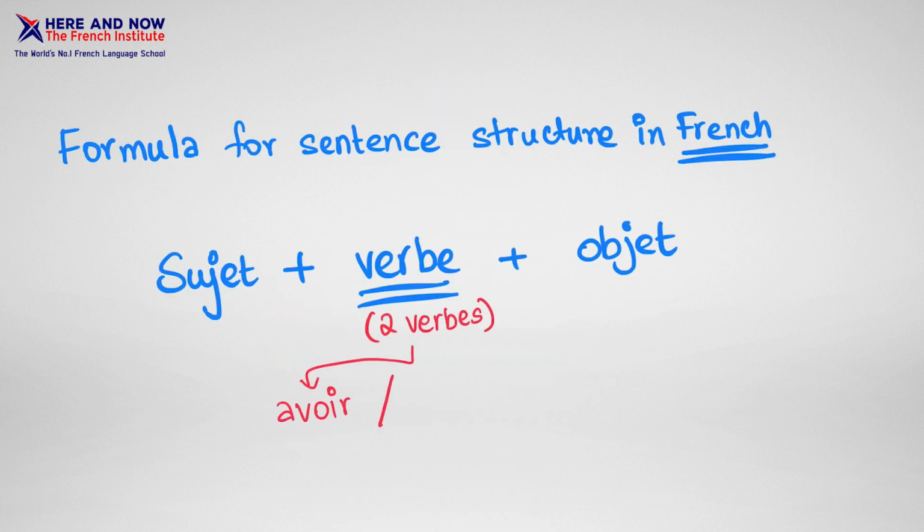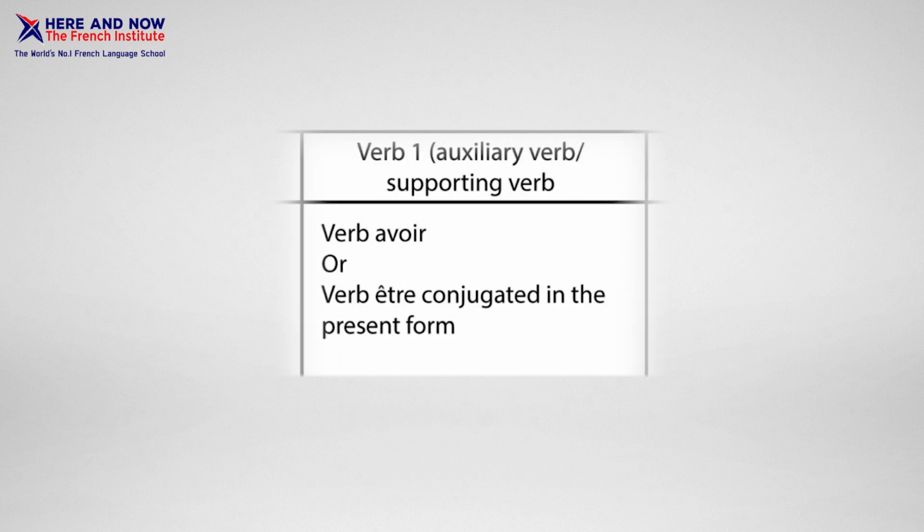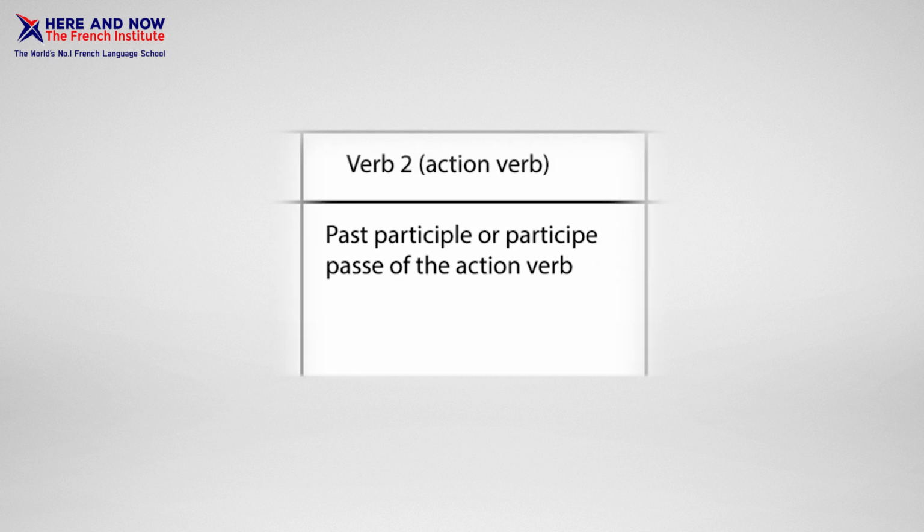However, we need two verbs to form. Subject, je, tu, il, elle, and so on. Verb 1, auxiliary verb, avoir or être, conjugated in the present form. Verb 2, past participle or participe passé of the action verb, followed by the object.